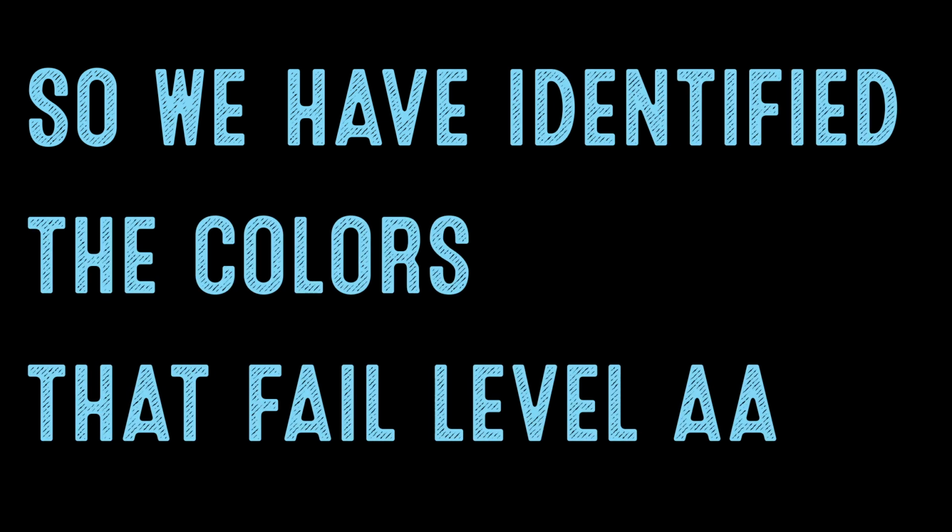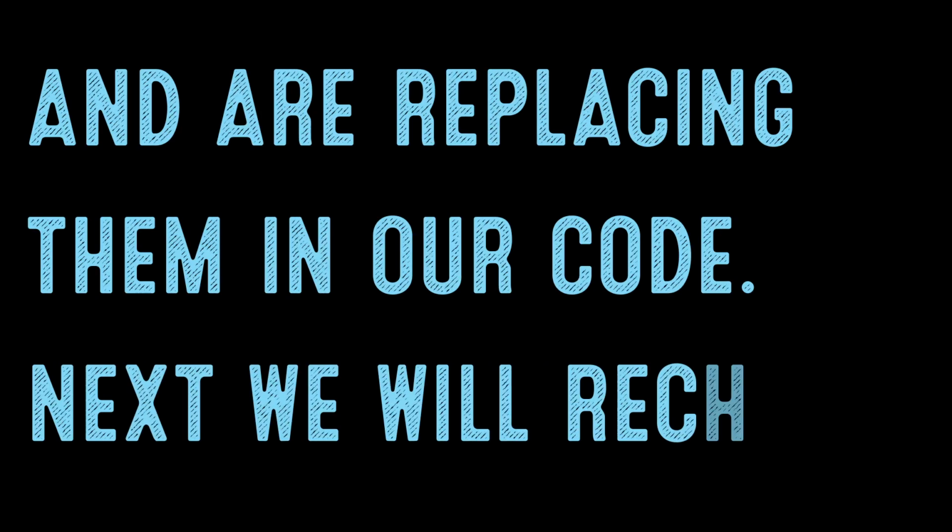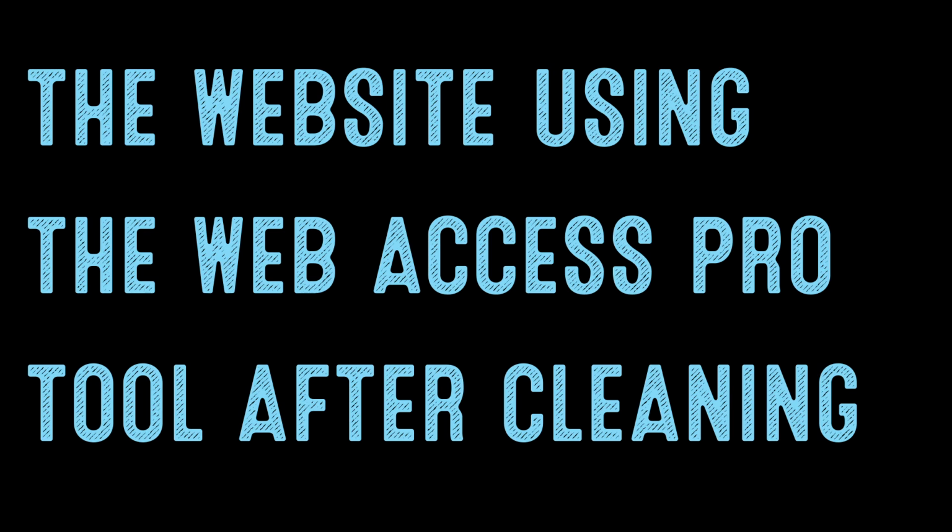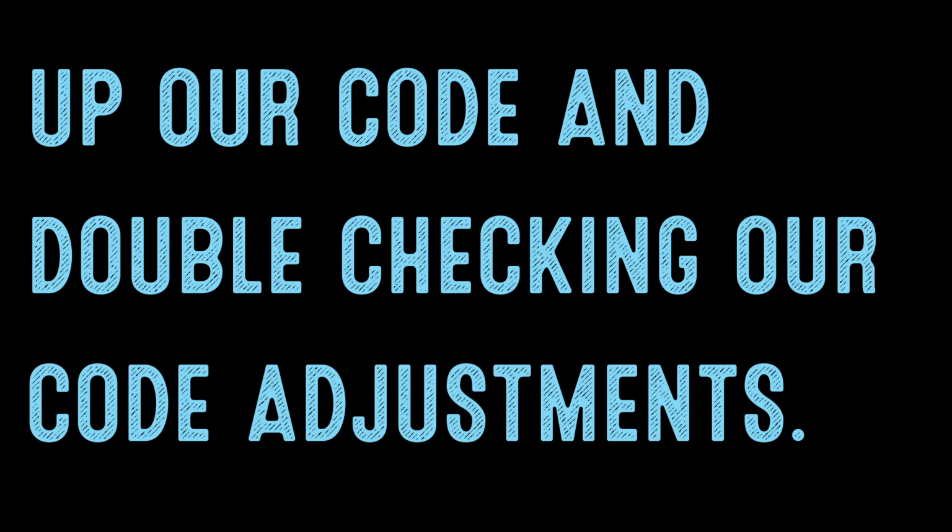So we've identified the colors that fail level AA compliance and are replacing them in our code. Next, we will recheck the website using the Web Access Pro tool after cleaning up our code and double checking our code adjustments.